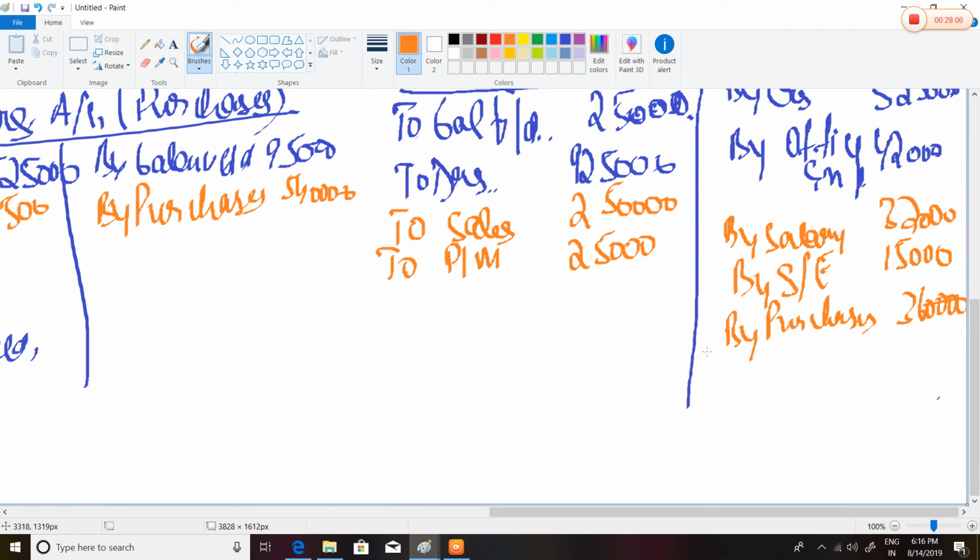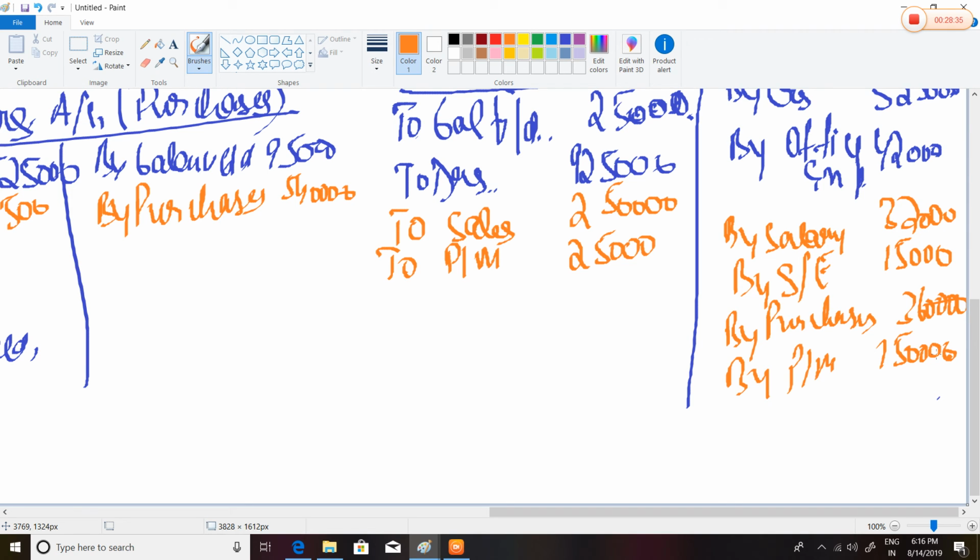Then by purchases, by plant and machinery, 1,50,000. Okay, I hope all the main points of the question are complete, and apply depreciation. Office equipment was sold at its book value on 1st April 2018. So office equipment sold off by bank. Then here the balance will come and apply depreciation.